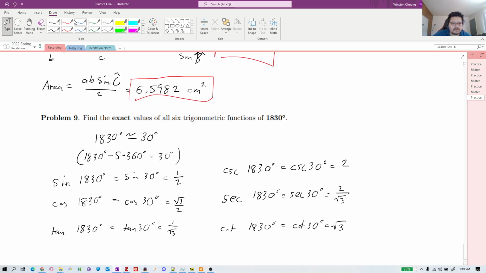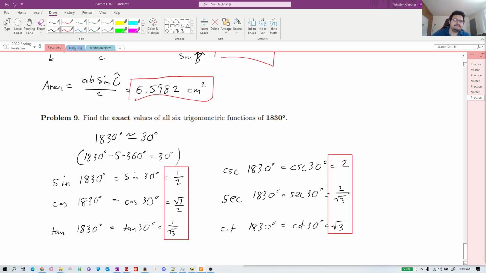And so these are all of the values. I'll box them vertically, I guess. Okay. All right.